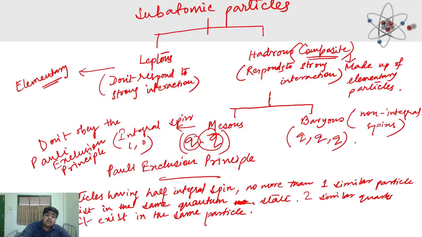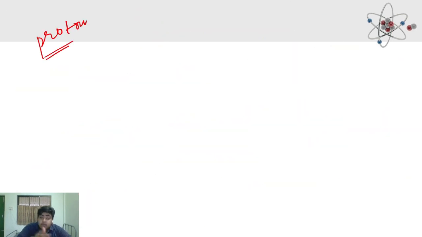As we discussed, for example, a proton consists of a down quark and two up quarks. So a proton has two up quarks and one down quark.